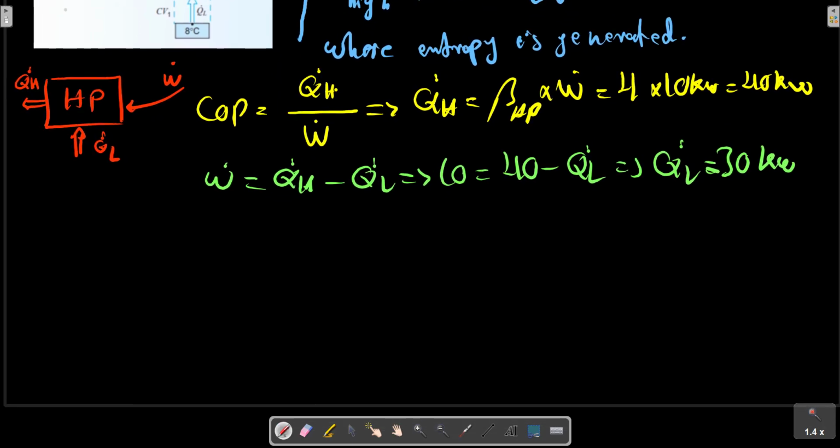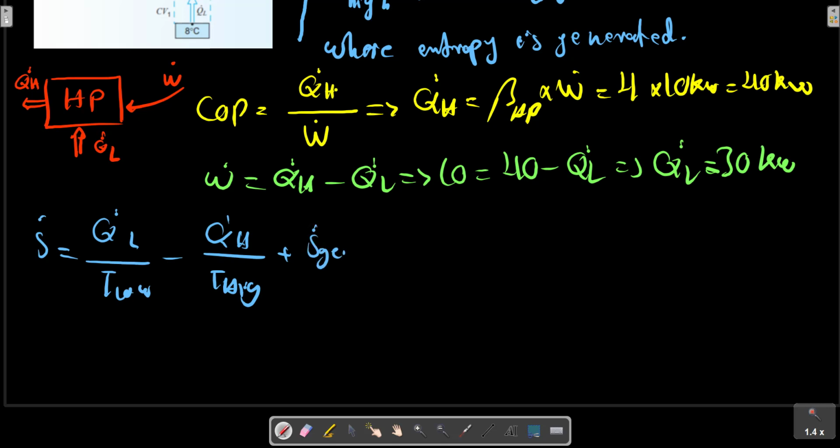In this case, for the entropy change for the reversible steady state, we have this relation for S dot: Q dot H on T high, minus Q dot L on T low, plus S dot generation of heat pump.